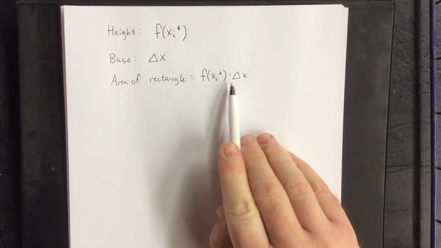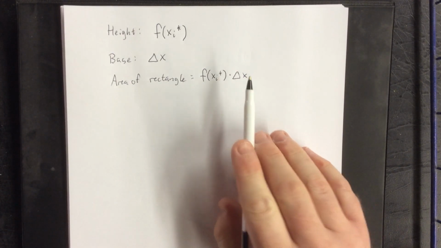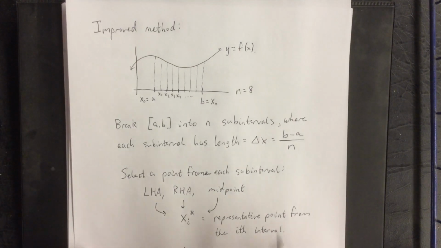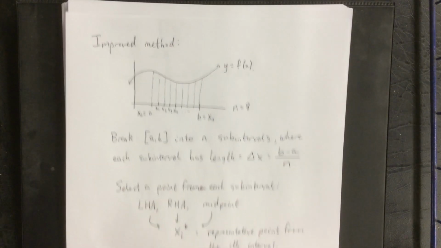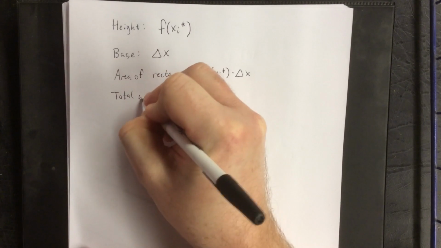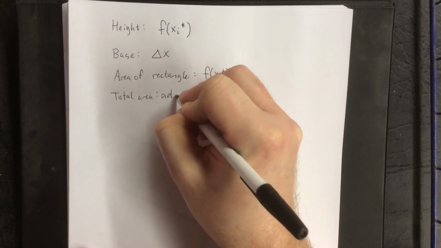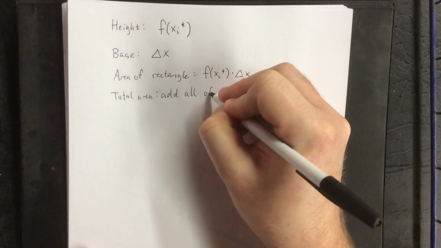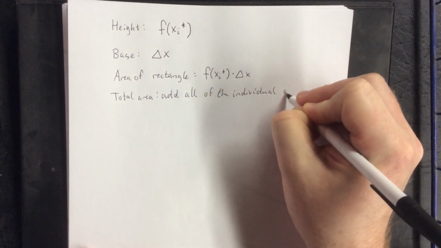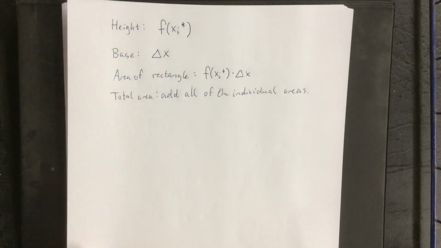That is a height times a base. However, you're going to have a whole bunch of these. In this example, you'll have a total of 8 different rectangles. To get the total area, add all of the individual areas. Now, this is only an approximation for the area, and in the next 2 sections we're going to be discussing how to make that approximation as good as possible.